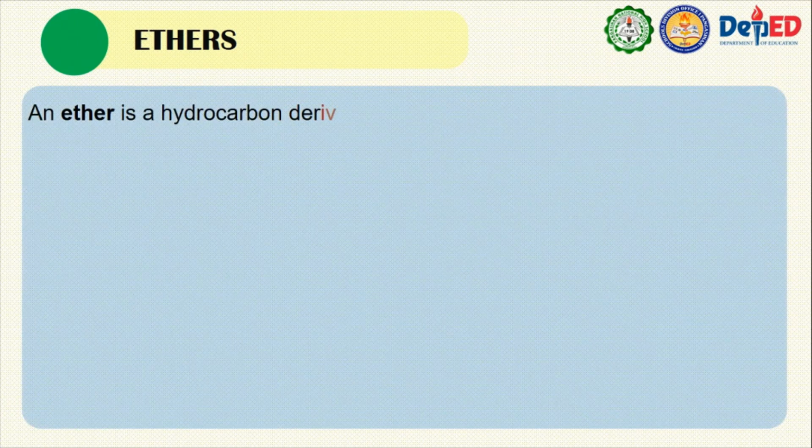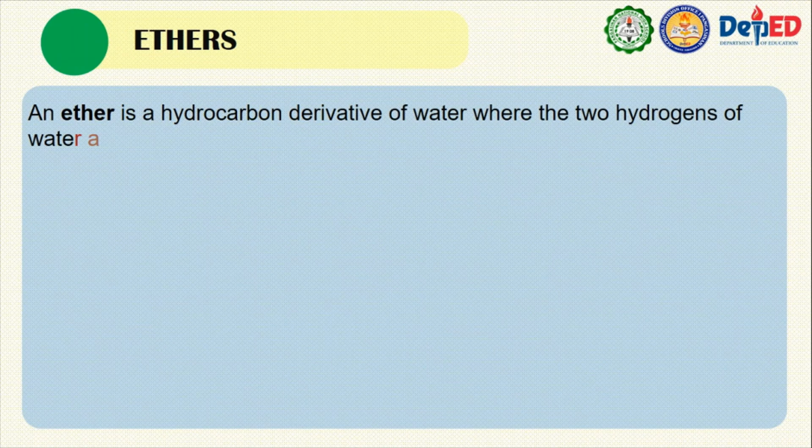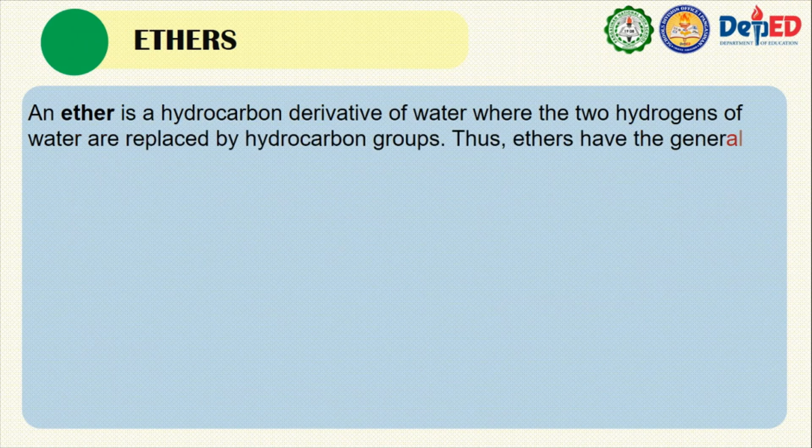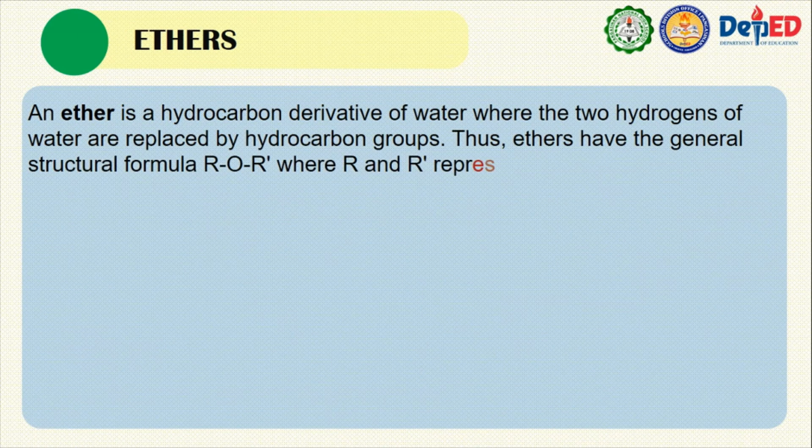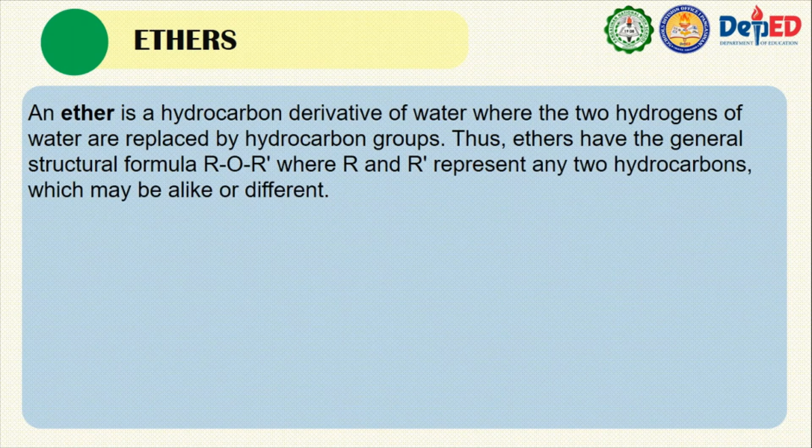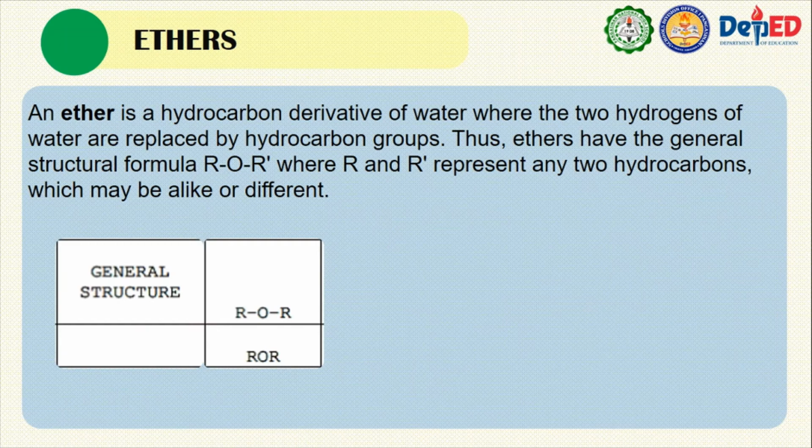Ethers. An ether is a hydrocarbon derivative of water, where the two hydrogens of water are replaced by hydrocarbon groups. Thus, ethers have the general structural formula of ROR, where R and R represent any two hydrocarbons, which may be alike or different.